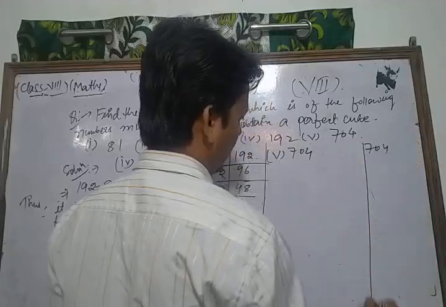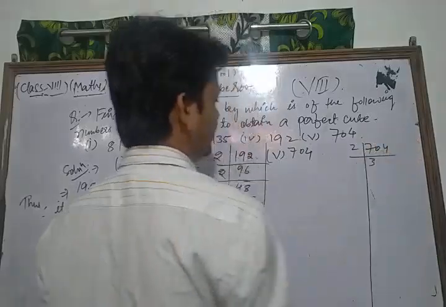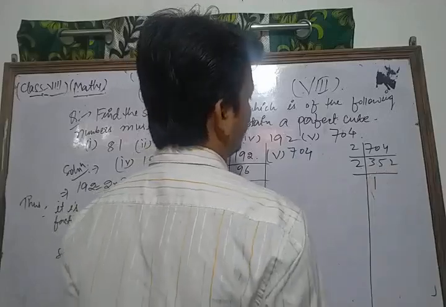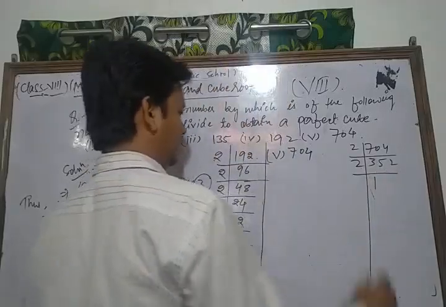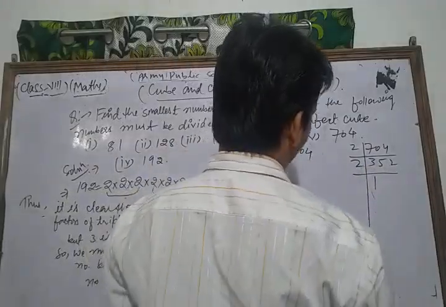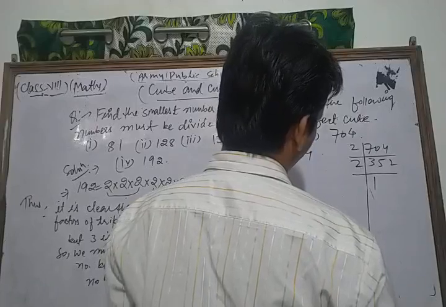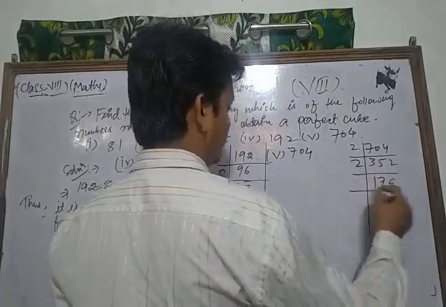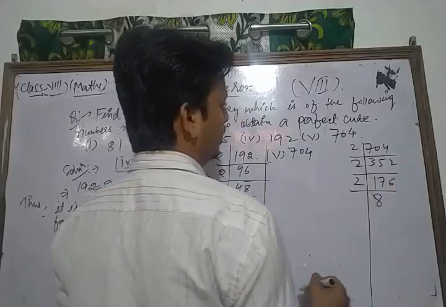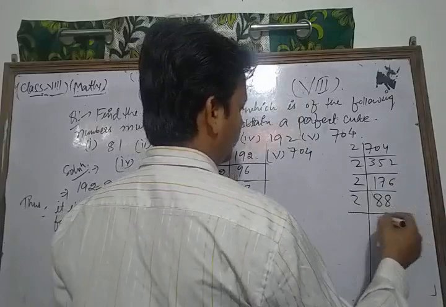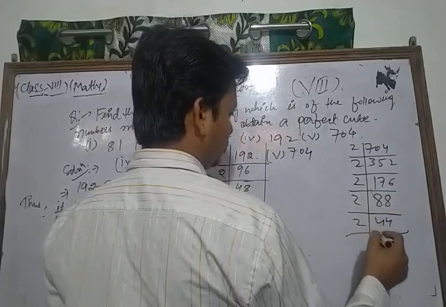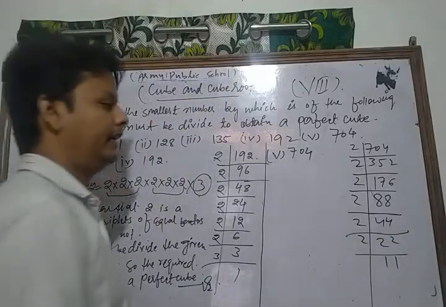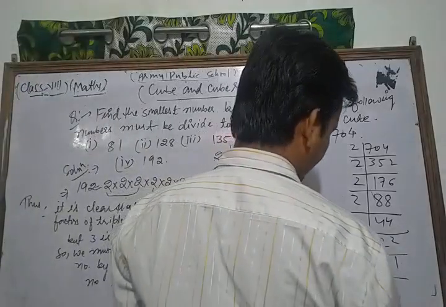704, let's see by 2, 2 threes are 6, now again by 2, 2 ones are 2, okay, dear friends. Now again by 2, 2 eights are 16, now again by 2, 44, now again by 2, 22, now again by 2, this is 11, okay, now by 11, this is 1.